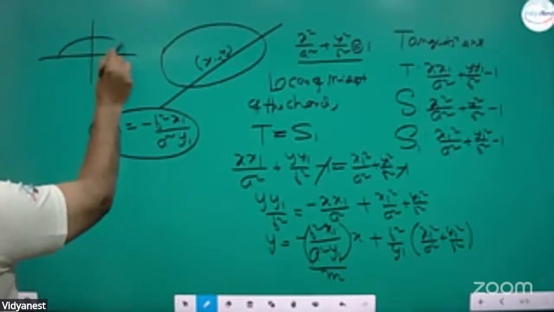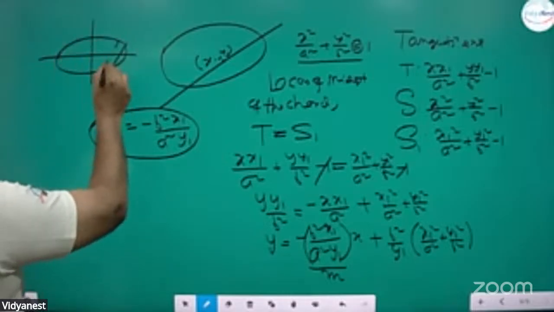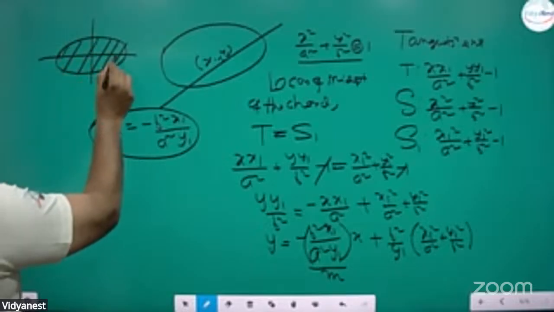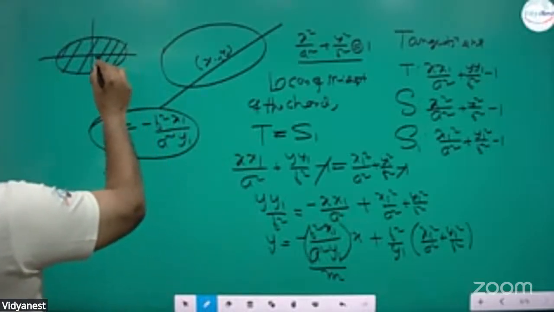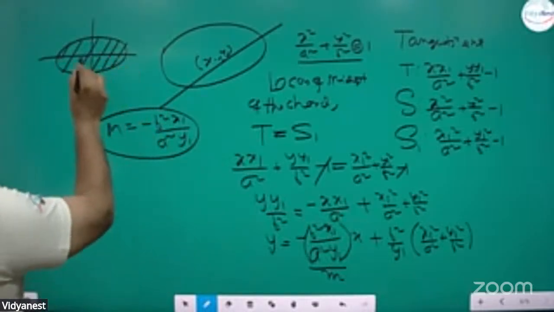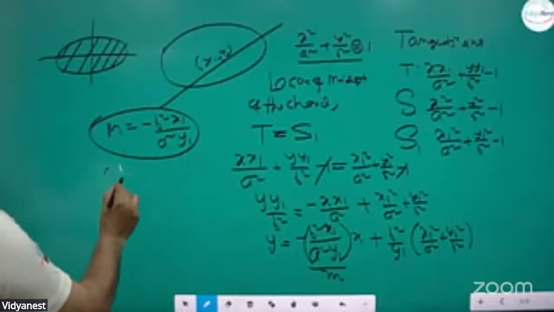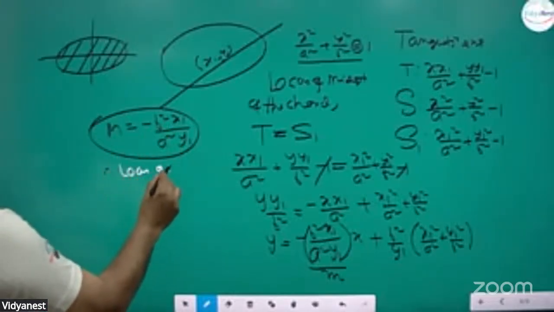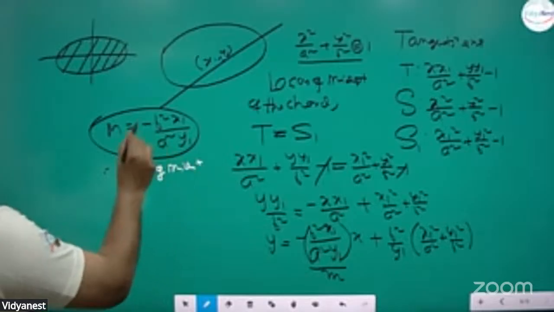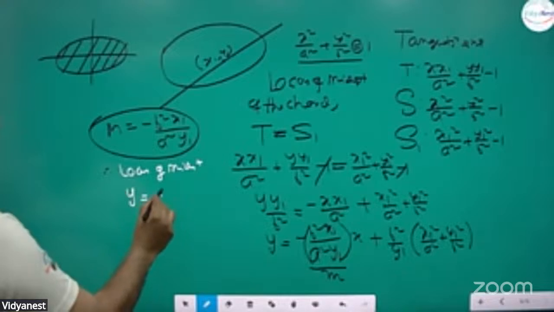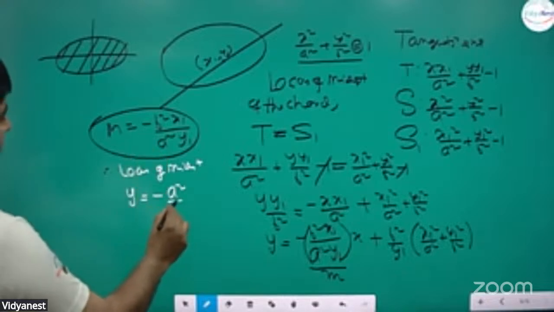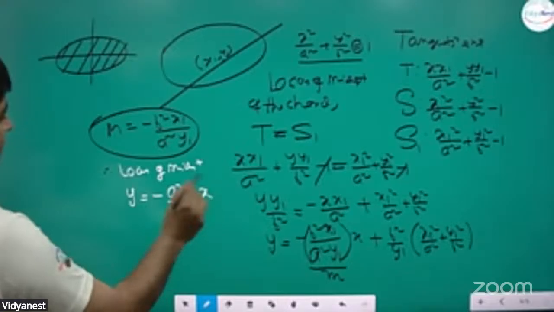If you get an ellipse, and you get all midpoints of the chords, then the locus of the midpoint is y equal to minus a square by b square m x.